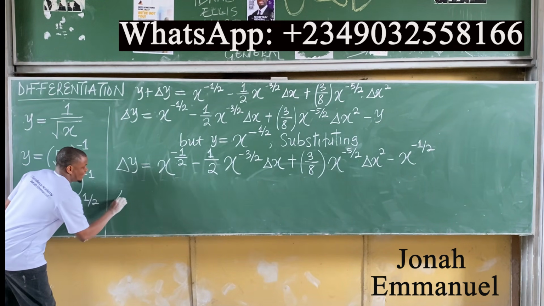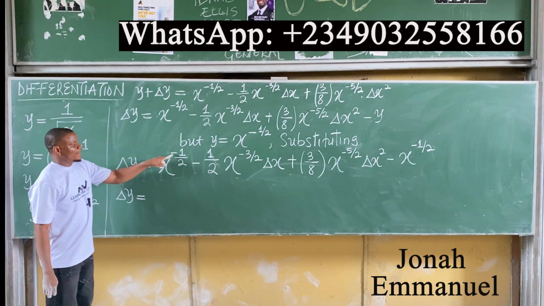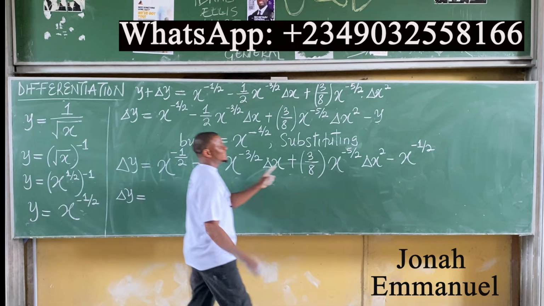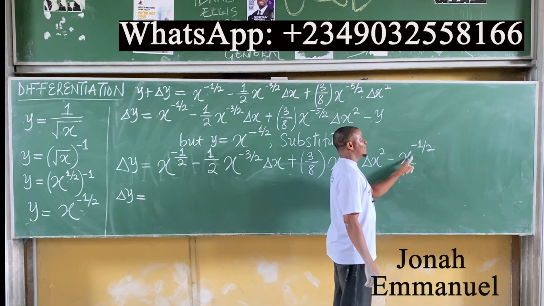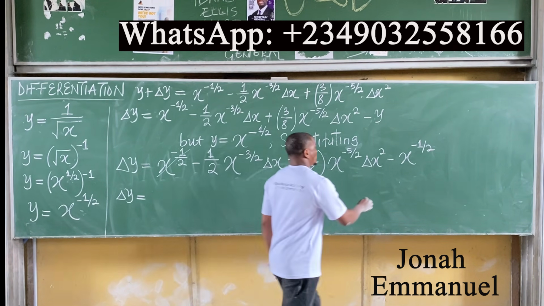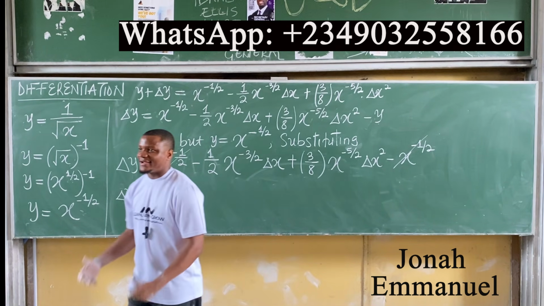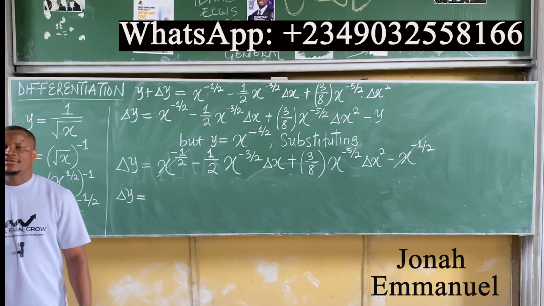So I have change in y is equal to, look at this. This is x to the power minus 1 over 2. This is minus x to the power minus 1 over 2. So that means this can cancel this. A proof that we are on the right track. They cancel out.